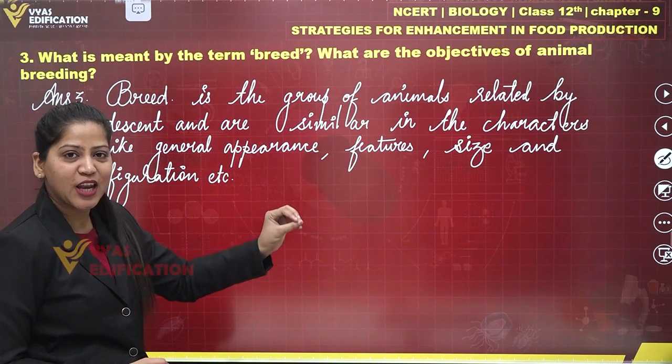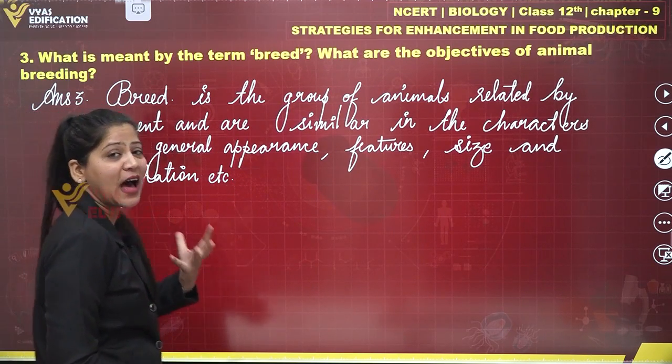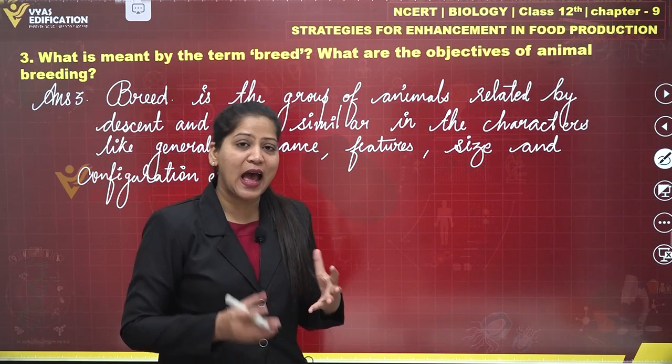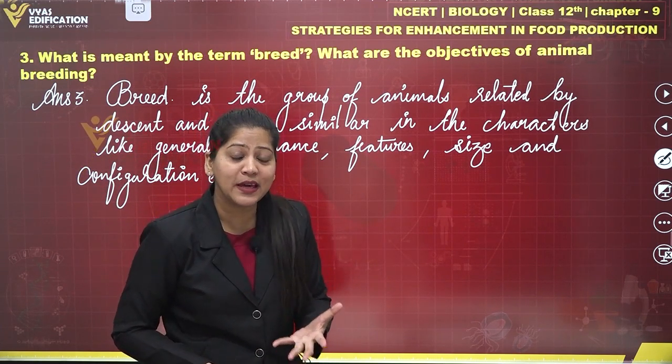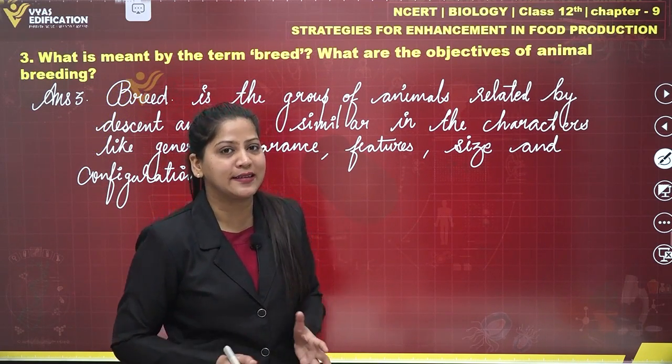So breed is a group of animals related by descent and are similar in characters like general appearance, features, size, configuration, etc.